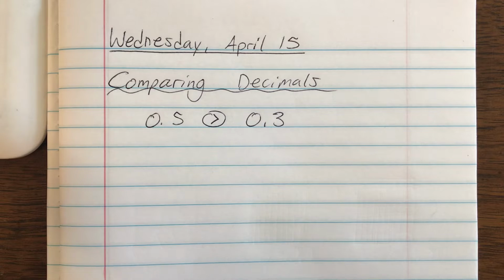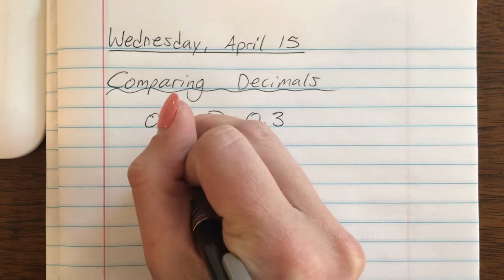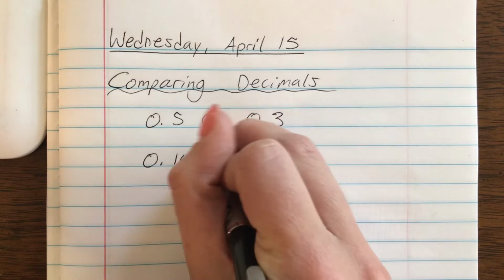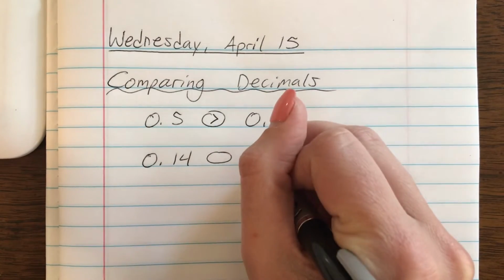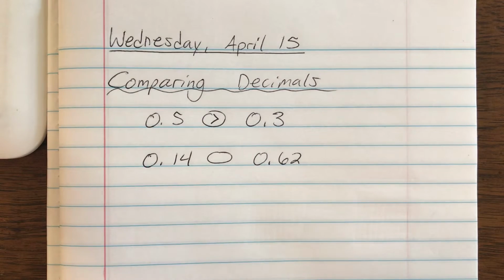The other way that you can see it is if it's comparing hundredths. Now let's say that we have 0.14 or 0 14 hundredths compared to 0.62 or 0 62 hundredths.